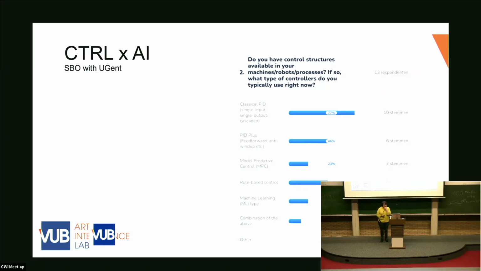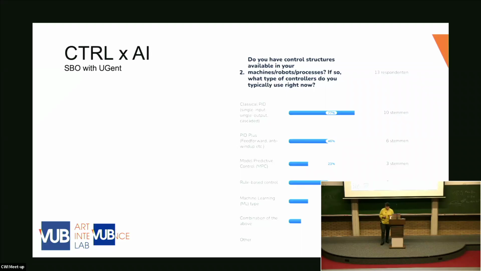So what you can see here is that the majority of the companies, okay, it's Belgium, we have a lot of SMEs, so we don't have so many very big companies. It's also a small sample, of course, we had 13 people in that workshop, 13 people representing 13 companies.